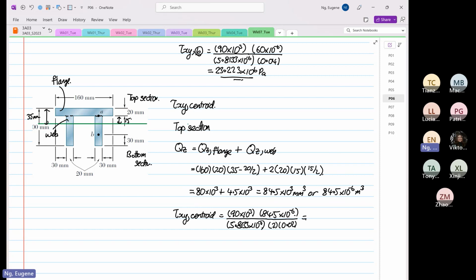So 90 times 10 to the power 3 times 84.5 times 10 to the power minus 6, divided by 5.8133 times 10 to the power minus 6, divided by 0.02 times 2, is equal to 32.705 times 10 to the power 6 Pascal.